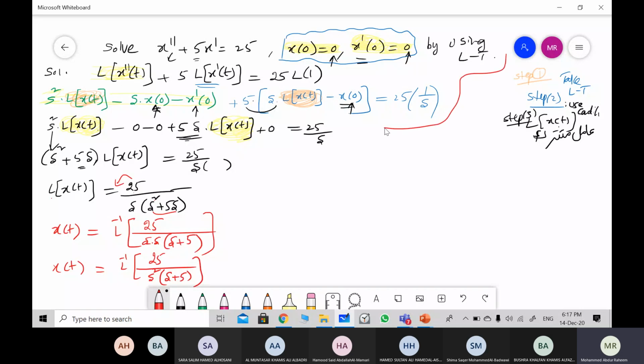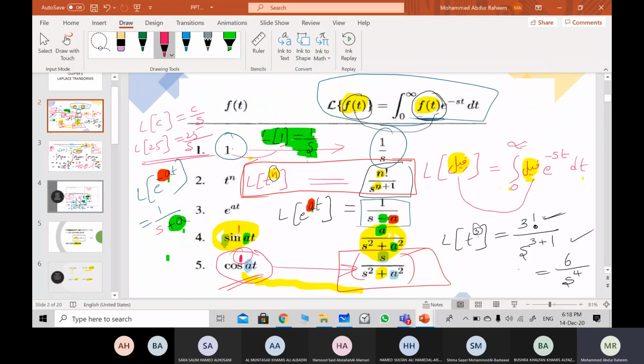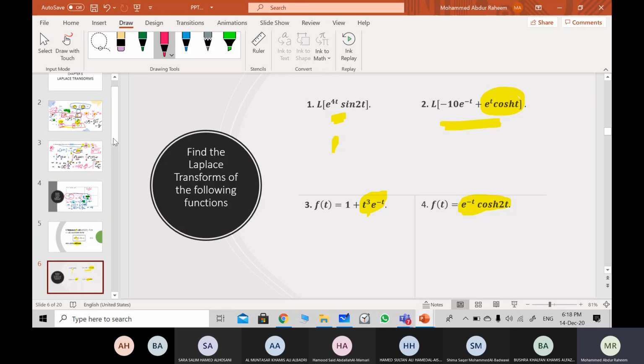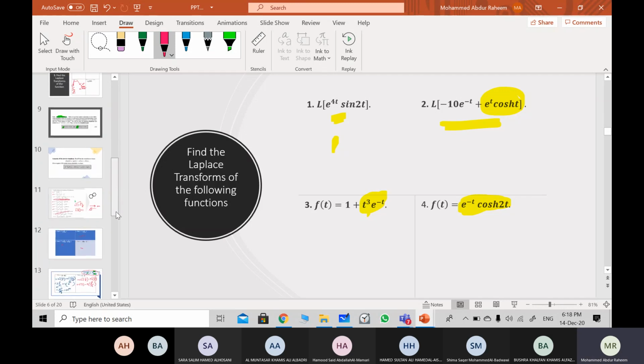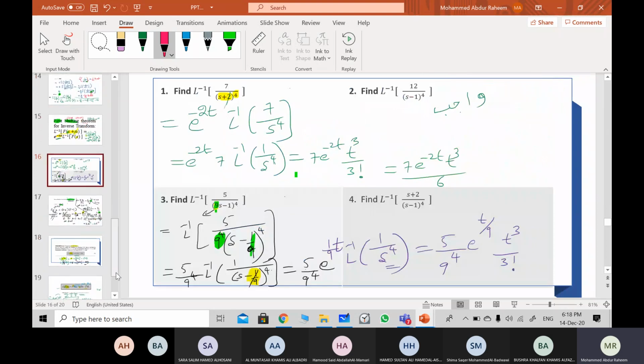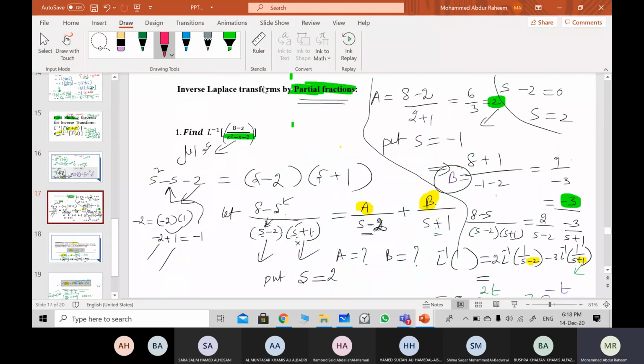Do you know how to find the Laplace transform of this? L inverse. Yes, we did here. This we will use, this topic. See the question here.